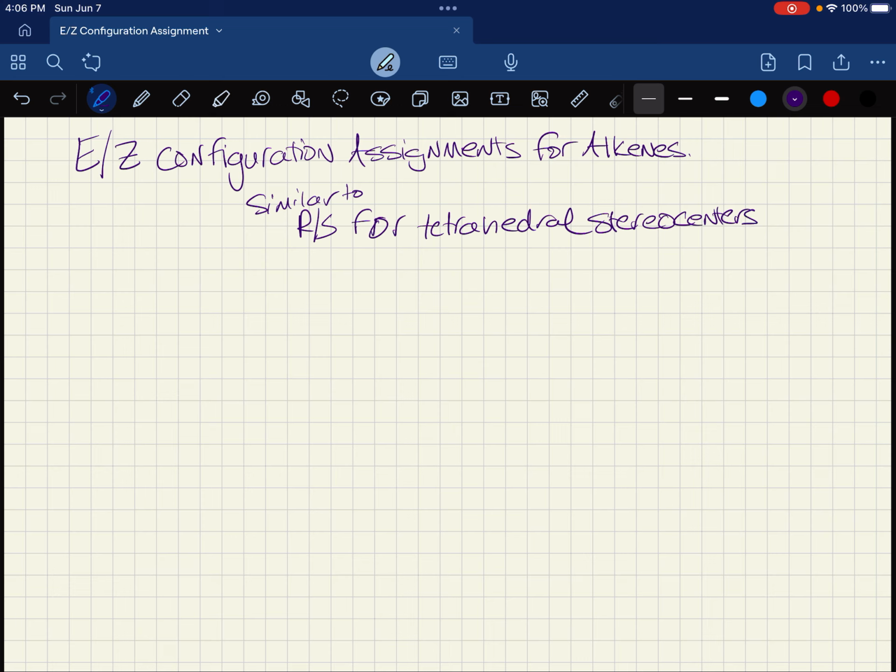Again, stereocenters is the more generic term. Chirality centers is specifically for the sp3 hybridized tetrahedral stereocenters.